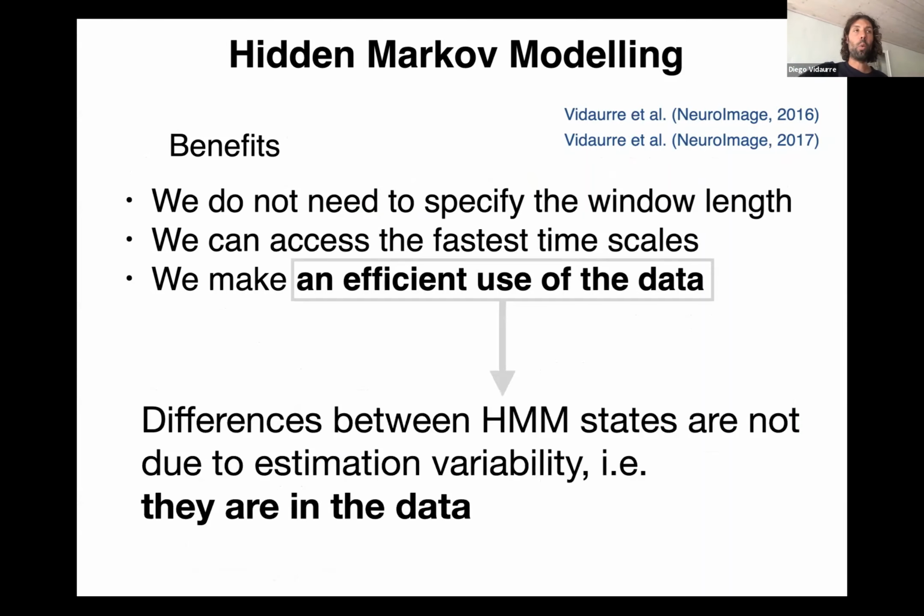If you have a difference between two sliding windows in terms of network activity, you can never be sure whether these differences are due to statistical noise in the estimation. In this case, differences between two HMM states are very unlikely to be due to statistical noise because you have a lot of data. So they are always differences that come from data.